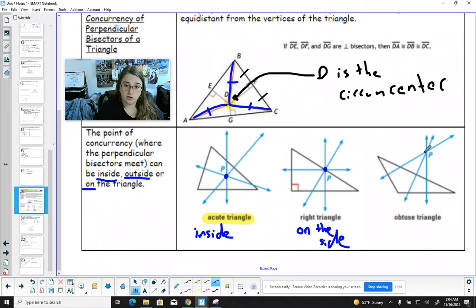An obtuse triangle, it ends up being outside. And again, that has to do with the angles and what I'm about to talk about next. So those are questions on the homework assignment, so make sure you're referring to those. If I draw my 3 perpendicular bisectors, it can be sometimes inside, on, or outside the triangle.